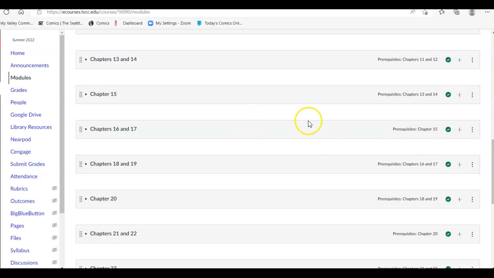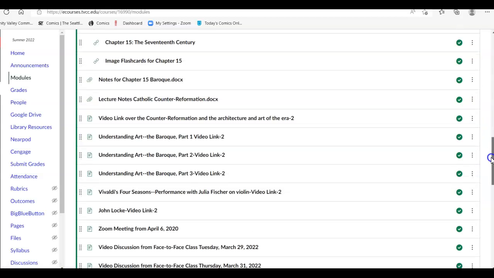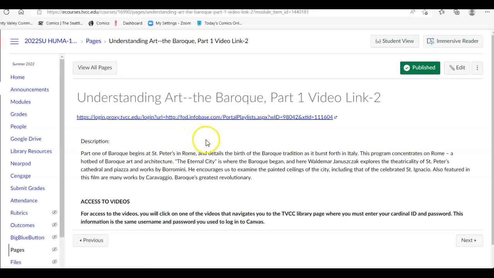For instance, if you want to look at chapter 15, you have the details about the Baroque here in what's called the 17th century. And then here are those videos that I was just talking about that are part of Vladimir Januzak. I usually just call him Wally. And so if you click on that, it'll ask you to click here, and you'll have to log in. But he does a wonderful job discussing various artworks.